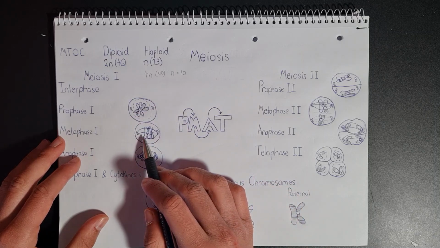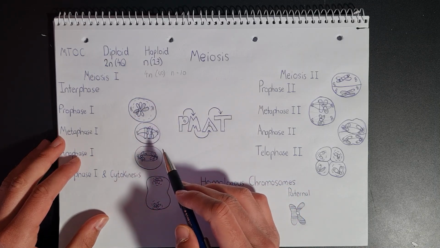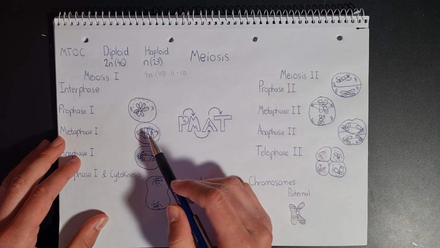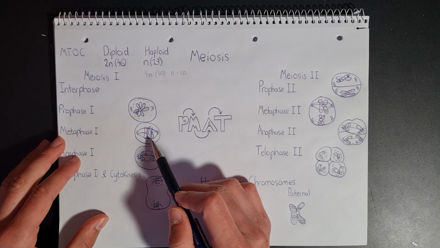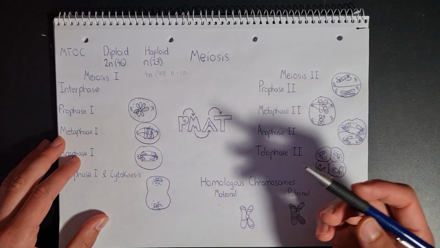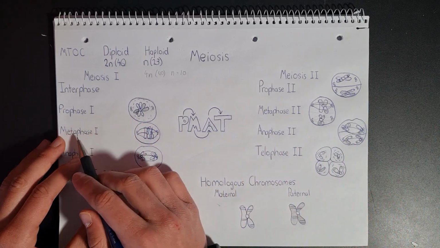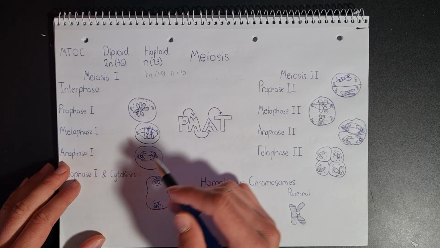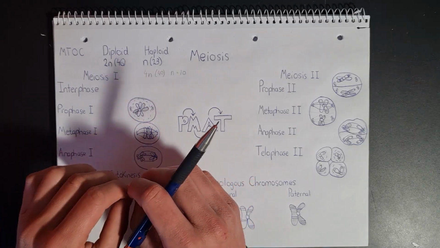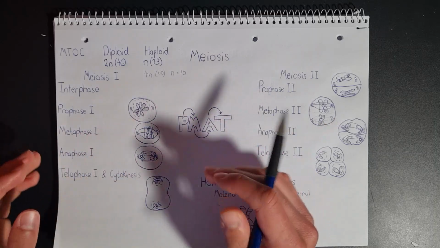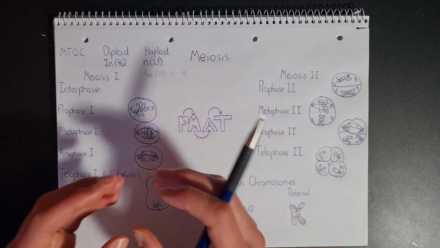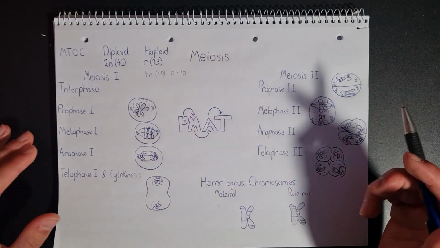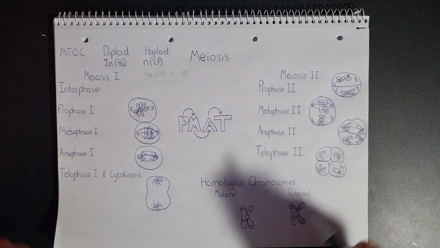Let's say this is the paternal chromosome, it could arrange itself on either the left side or the right side, likewise with the maternal chromosome. Then at anaphase 1, the spindle fibers retract to their opposite poles, pulling the homologous chromosomes away from each other to the opposite poles of the cell.